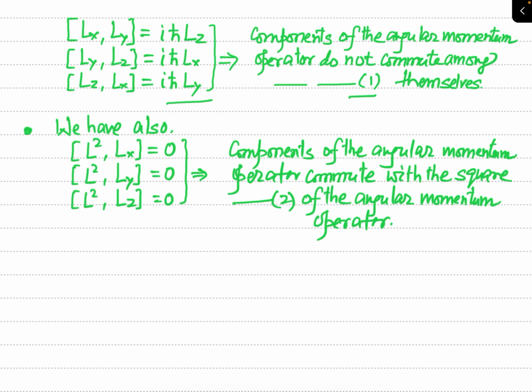You have seen all these things in the previous lecture. You have obtained the eigenvalues and eigenfunctions of the operators Lz and L square in the previous lecture. So you have seen that the eigenvalues and the eigenvectors of the angular momentum operator are completely determined by using this equation 1, which is actually the commutation relations of the components of the angular momentum operator.